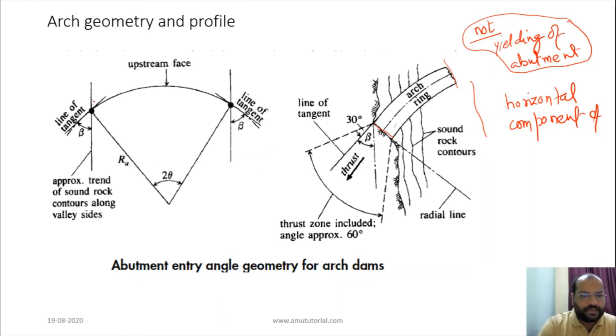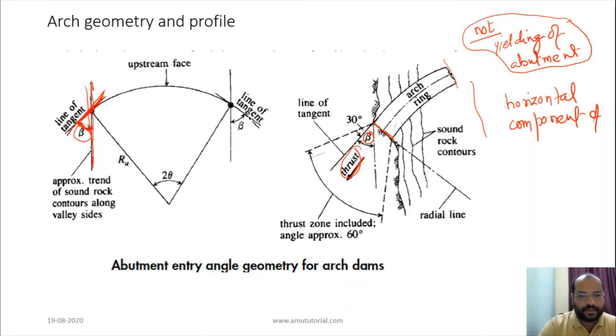So look here, this is the abutment, this is the thrust, and suppose this is the line of tangent. This is approximately the contour line of sound rock, and the angle between them is the beta angle, that is the approach angle. This is the beta.